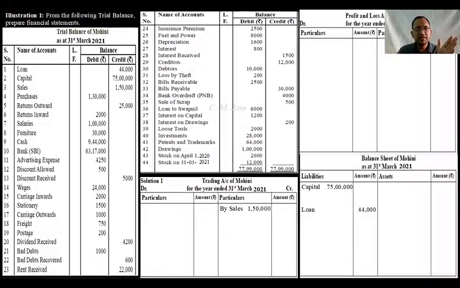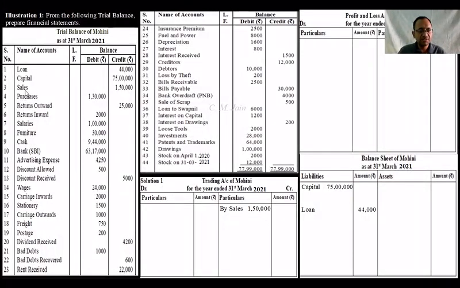If sale return or purchase return is not given, then you can directly write the amount of sale or purchase in the amount column. But if sale return or purchase return is given, that needs to be subtracted. So in that case, we write the amount in inner column.